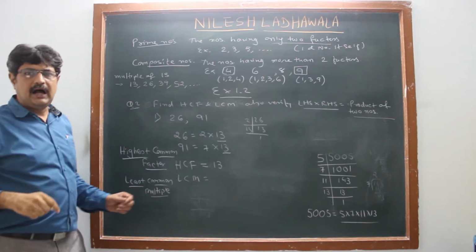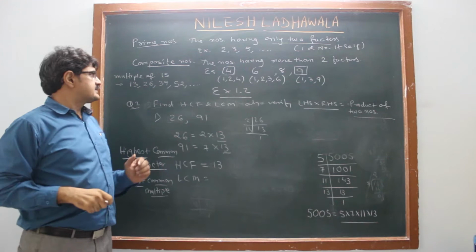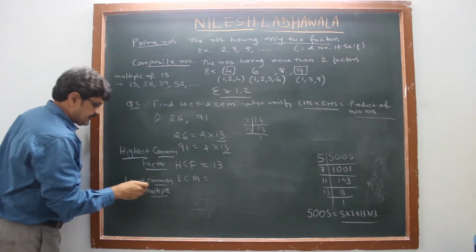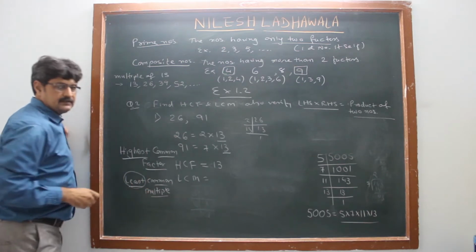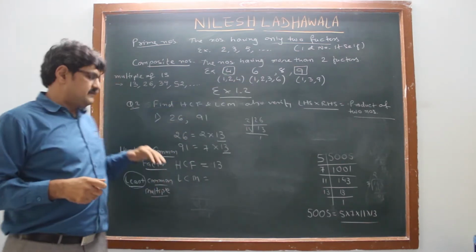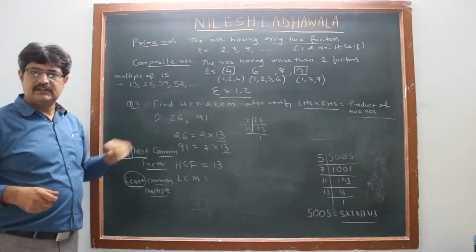So there are numerous such multiples of 13. But we have to find the least common multiple, that means the smallest multiple which is common to both the numbers.